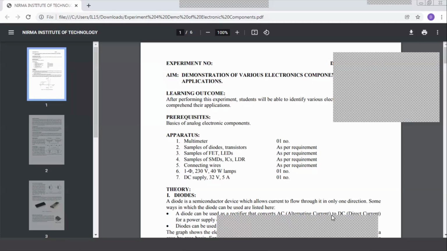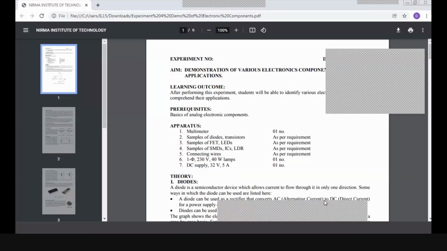So in the first experiment, you already studied symbols of various components or various devices used in electrical engineering, right? Also, you have learned some symbols of electronic components, right? Like diode, like transistor.